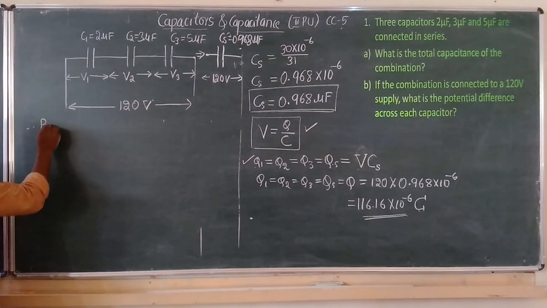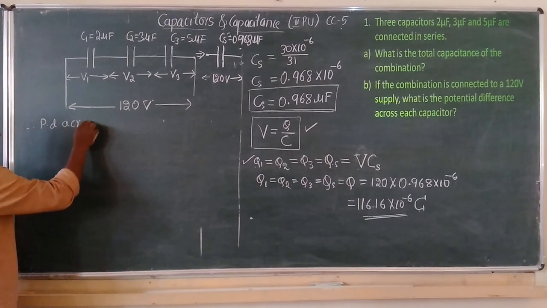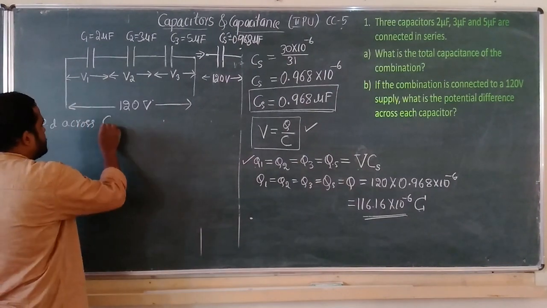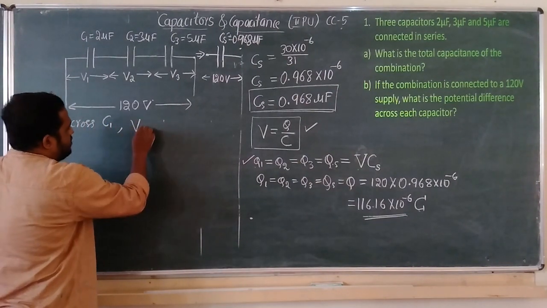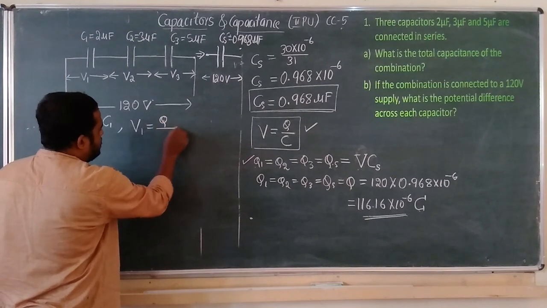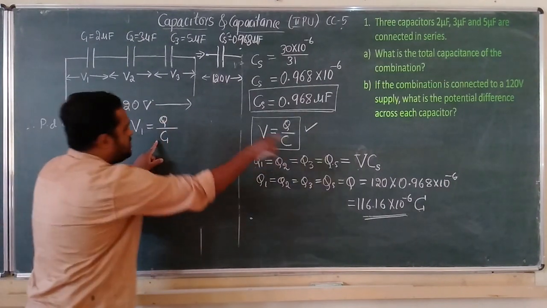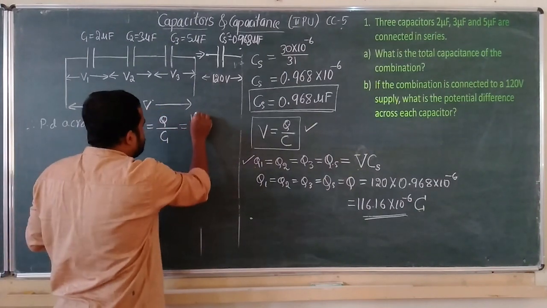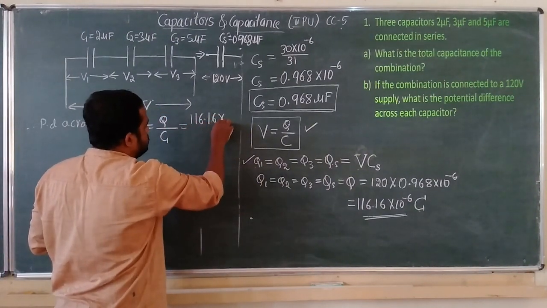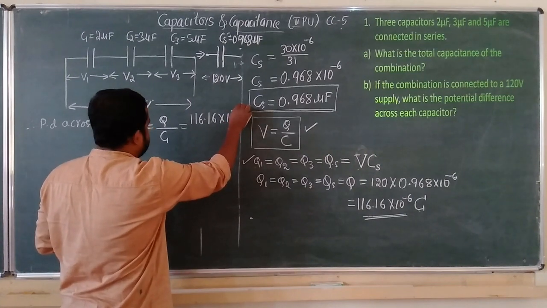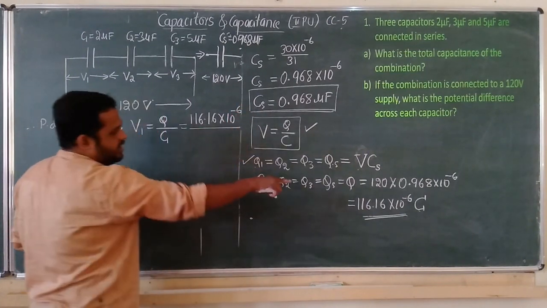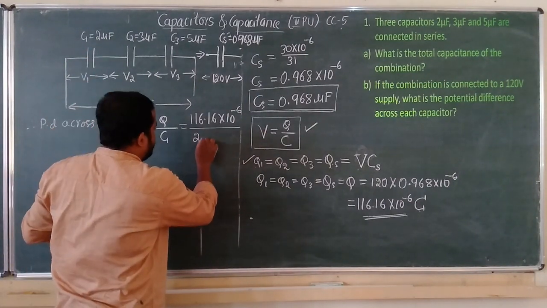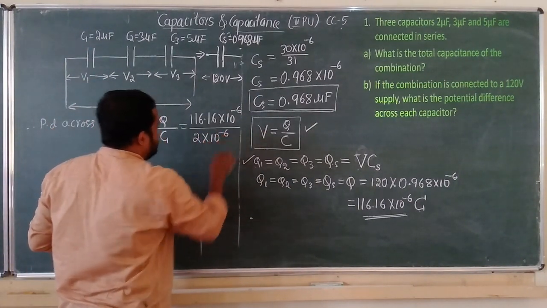Therefore, potential difference across capacitor C1, V1, is equal to Q divided by C1. Q is the same, so I can use Q, not Q1, it is Q only. V1 is equal to 116.16 into 10 power minus 6 divided by the capacitance, which is 2 micro, that is 2 into 10 to the power minus 6.